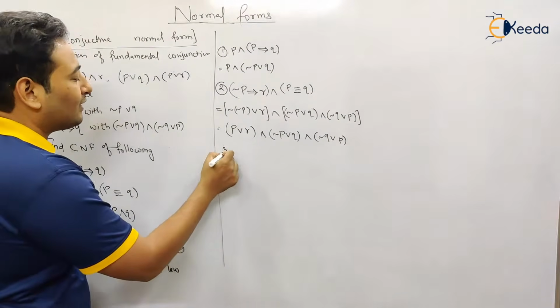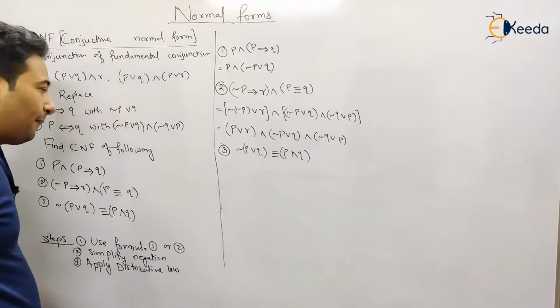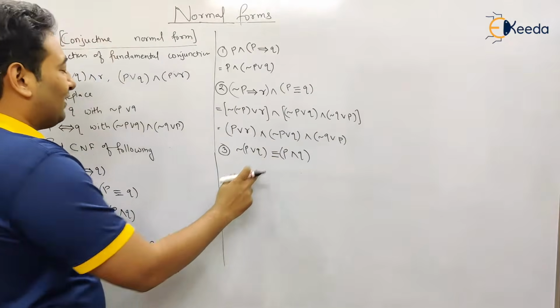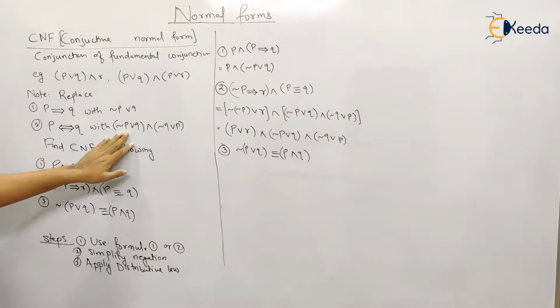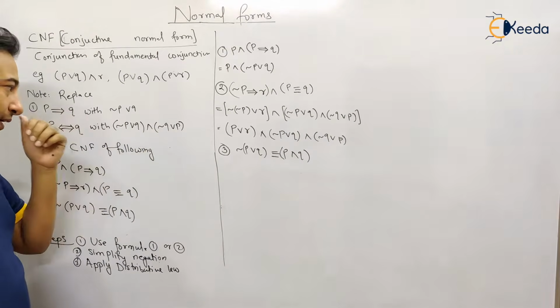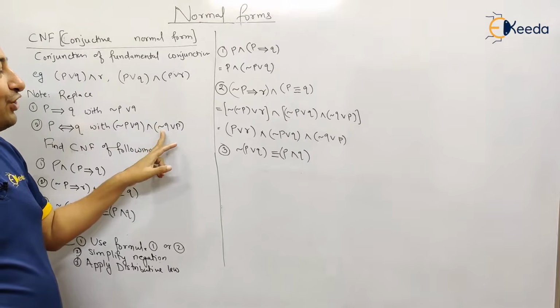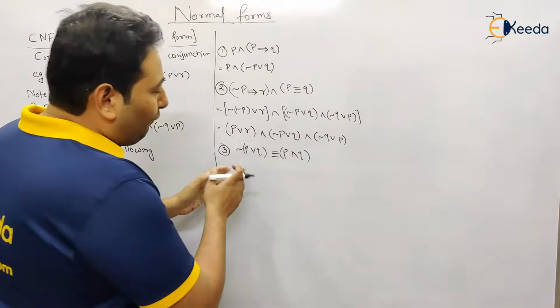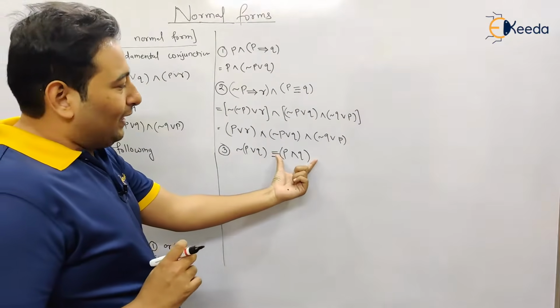Let's talk about the last example, problem number 3. So this is our third problem. First of all, there is double implication. That means P double implies Q. This is the formula, and we are going to apply it. The formula says negation of the first term or second term and negation of the second term or first term. If you compare with this expression, this is my first term, entire first term, and this is my second term.